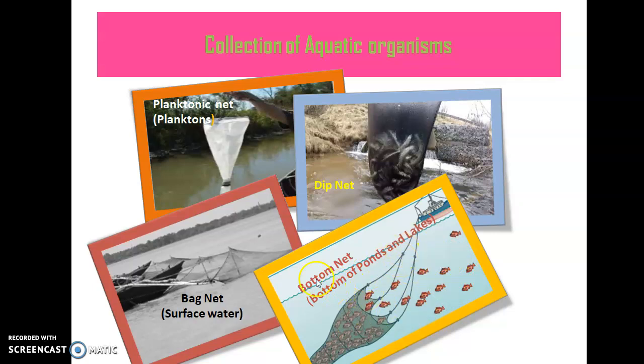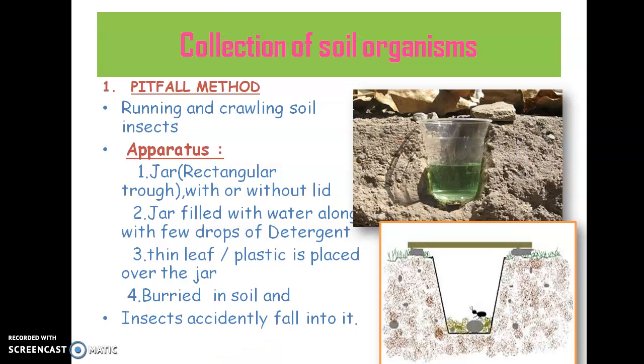Okay, so for these purposes the bottom net is used. And dip nets are generally used for collecting fishes. So these are the 4 different types of nets used for collecting aquatic organisms.